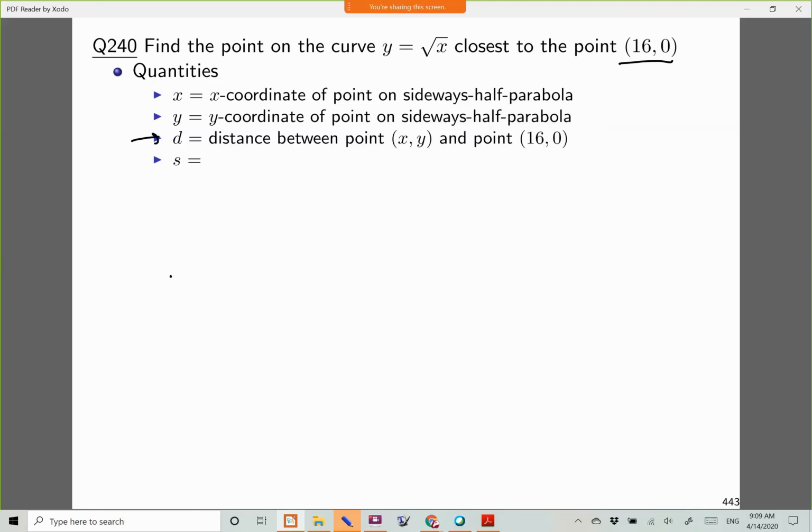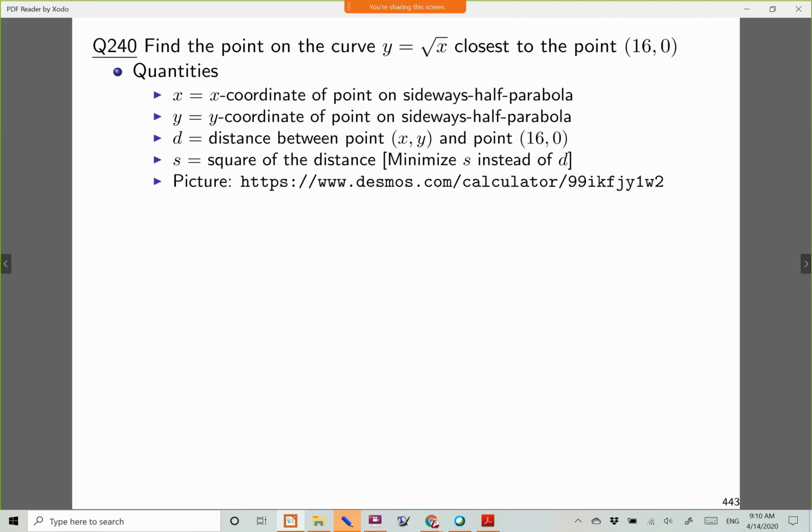Now, traditionally we would say we are going to minimize this, and that would work to minimize d. However, you saw a moment ago that d has a square root symbol in it, and that makes things kind of awful. So it'll be nicer to minimize s, which is d squared instead, to minimize the square.